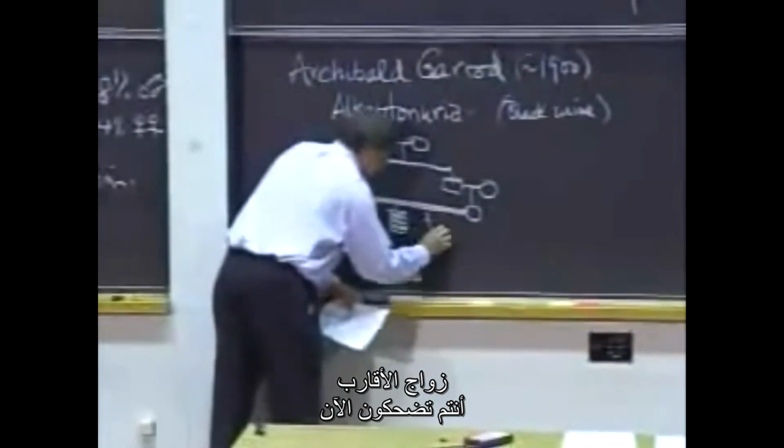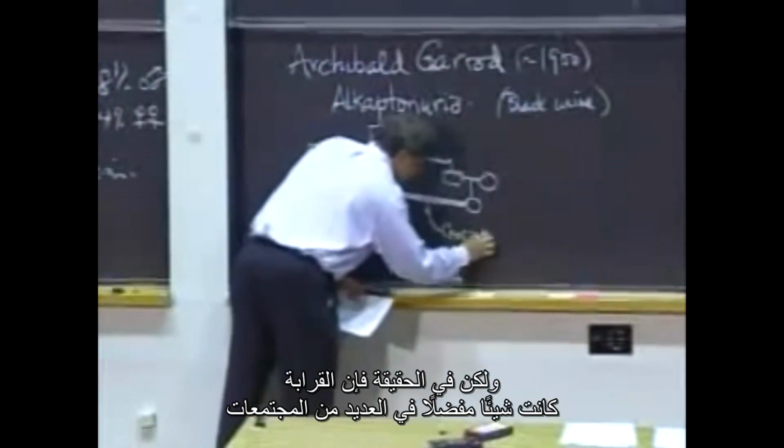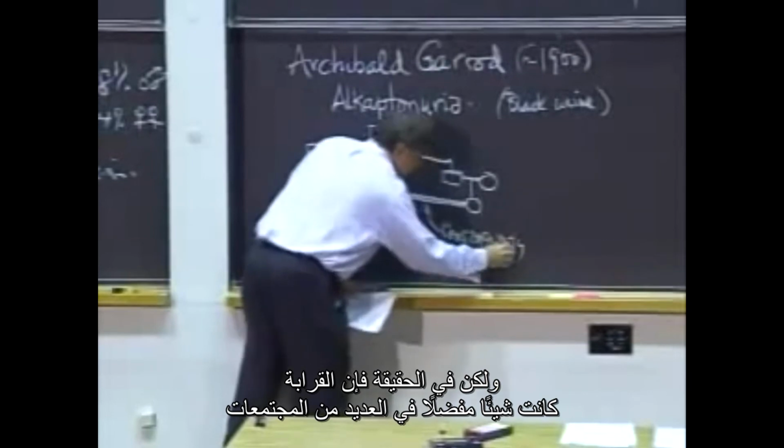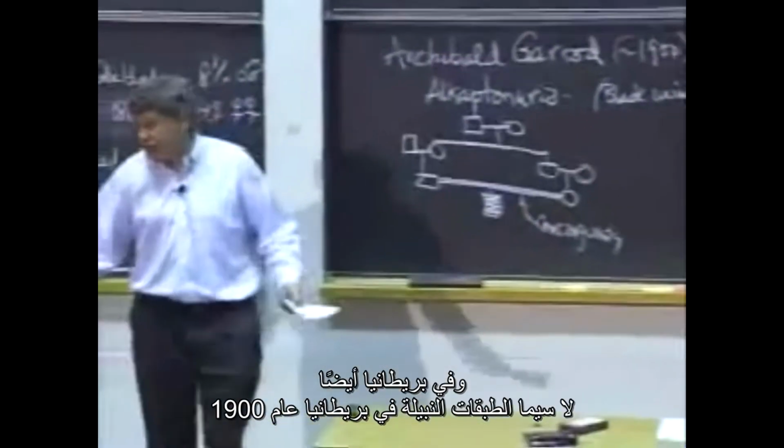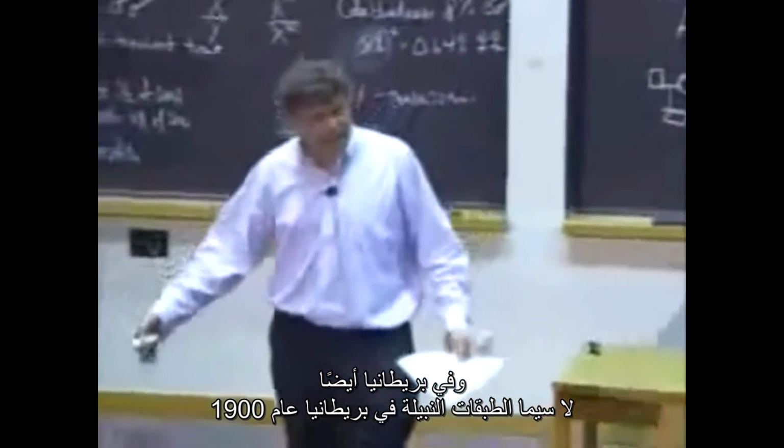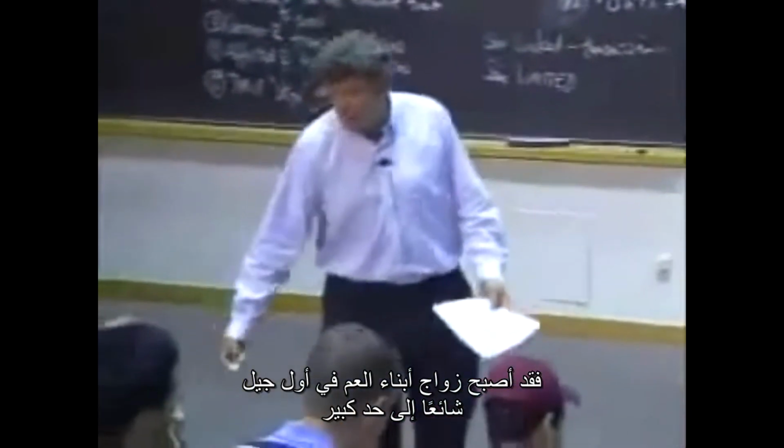Consanguineous matings. Now you laugh, but consanguinity has been favored in many societies, and in Britain, particularly amongst the upper class in 1900, marriage of first cousins was quite common.